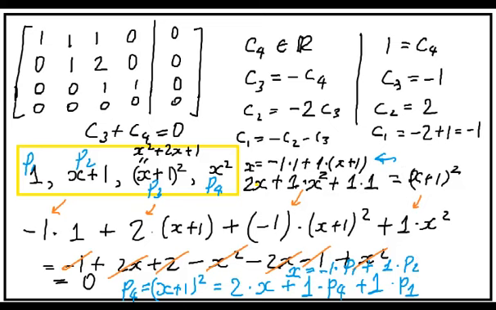Now, if I take this expression and substitute it in here, and then open up the brackets, I would get, as an overall result, an expression of P3 as a linear combination of P1, P2, and P4.